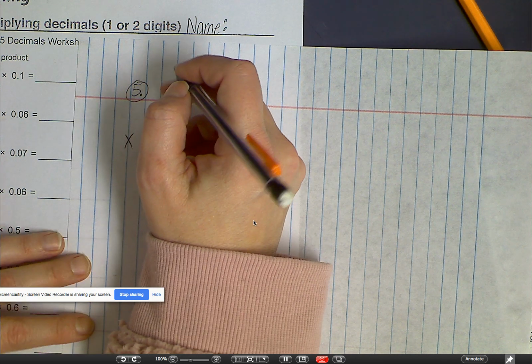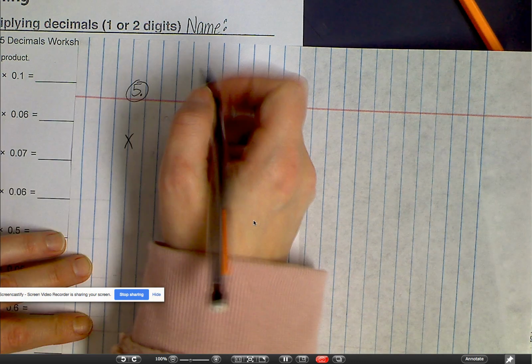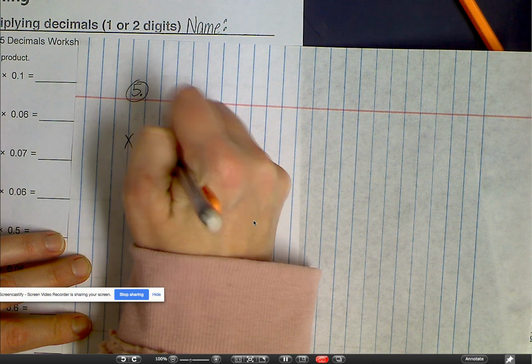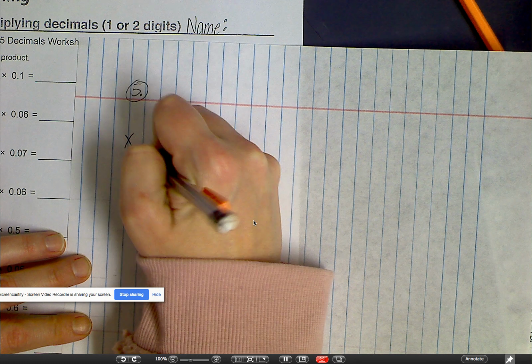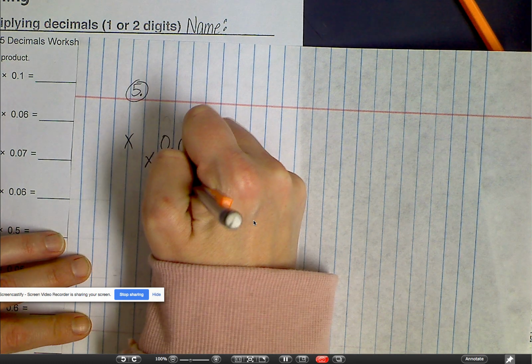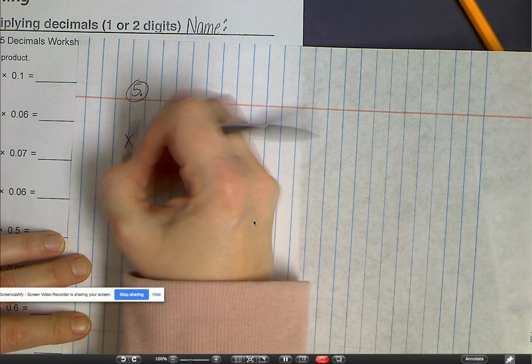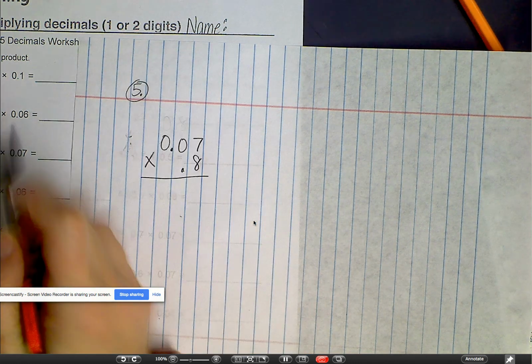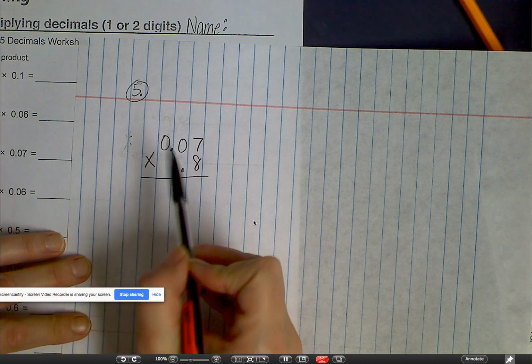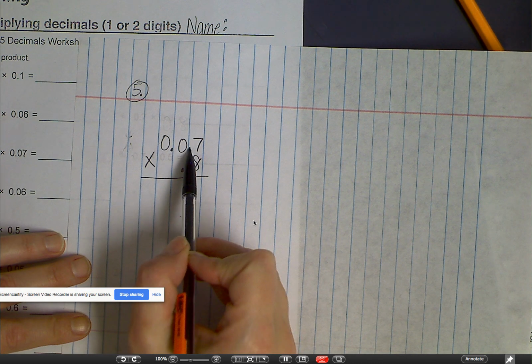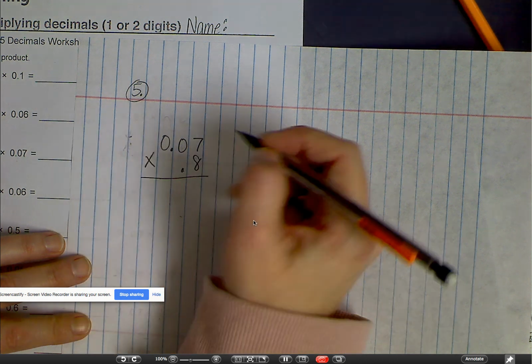So for number 5, I have 3 numbers here. So I'm going to do 0.7 times 0.8 or 8/10. So do you see how I lined up the numbers? I put that on top because it's not a bigger number, but there's more digits in the number. So that's why I did it that way.